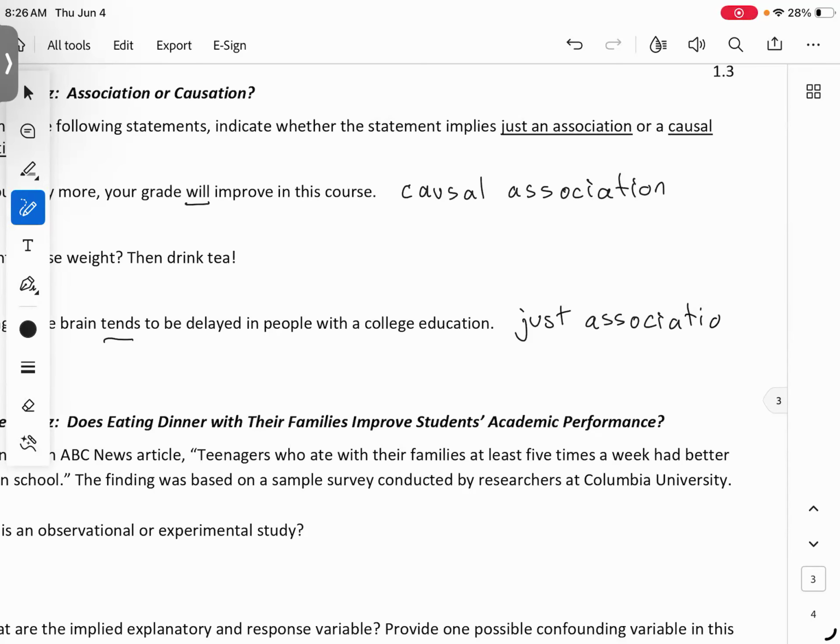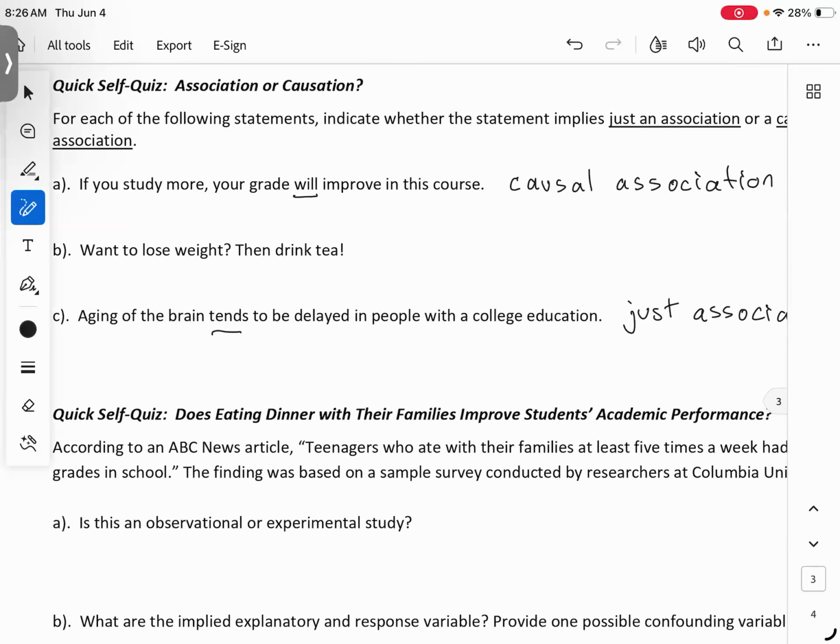Now, the second one is the one that students usually question. They didn't really say will, they didn't say maybe or tends, but this one is meant to be more like they're trying to sell you something, like you would see at the top of a product or an infomercial, like, hey, you want to lose weight, drink more tea, right? So this one is causal association.